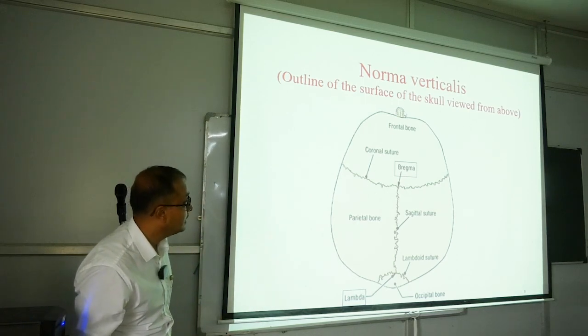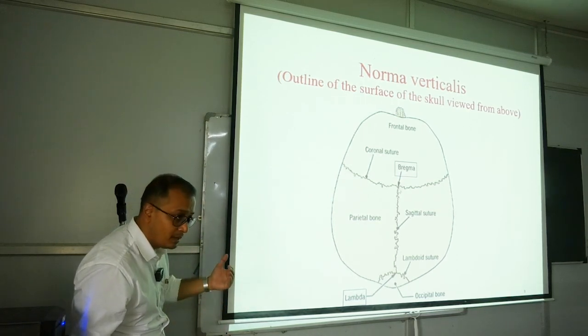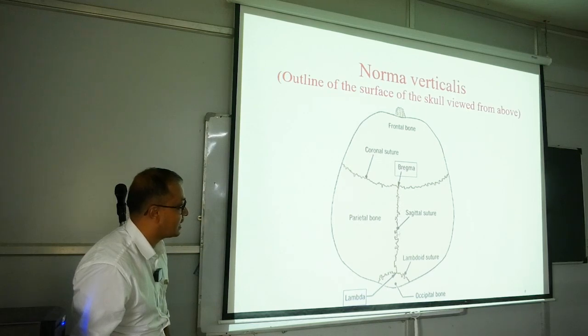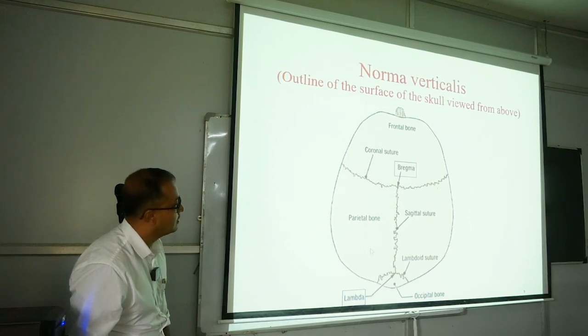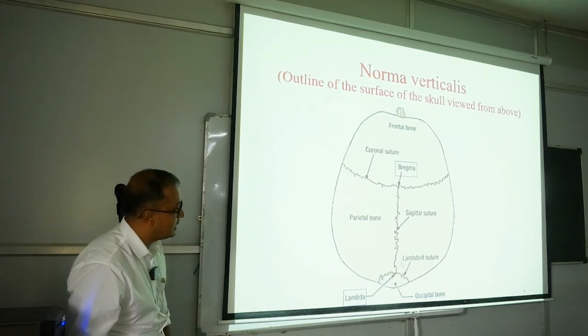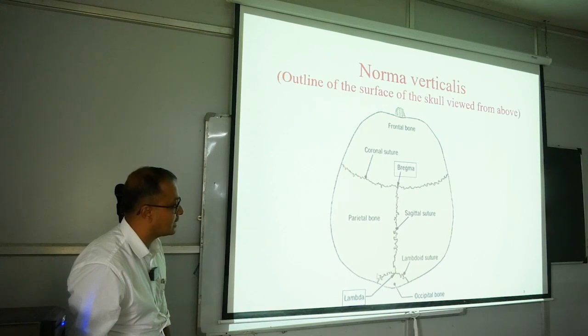Then if you look a little bit posterior to it, we find another suture, which is running from anterior to posterior, from midway in front to midway at the back. This is uniting the right parietal bone and the left parietal bone. We call it the sagittal suture, which is ending on another suture known as the lambdoid suture, which is running on the posterior side.